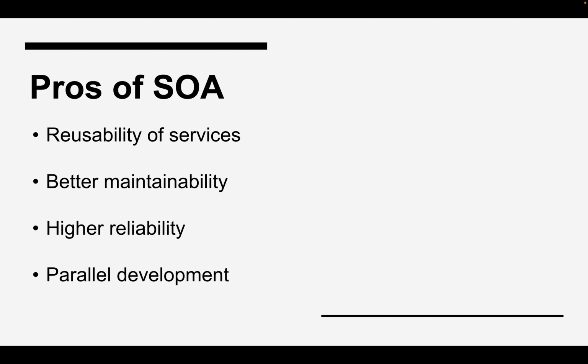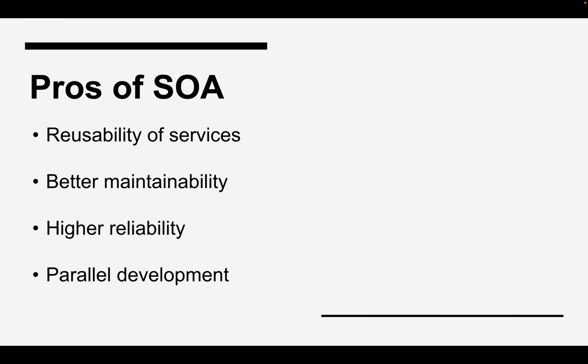The pros are it's easier to reuse your services, so you can share the same functionality across multiple code parts, which is harder to do with a monolithic architecture. Also, it usually has a better maintainability.